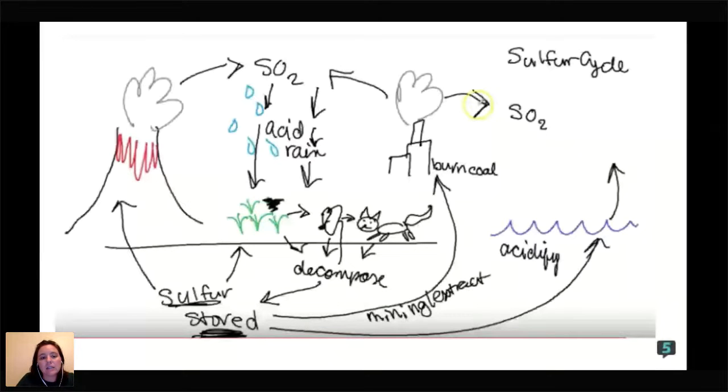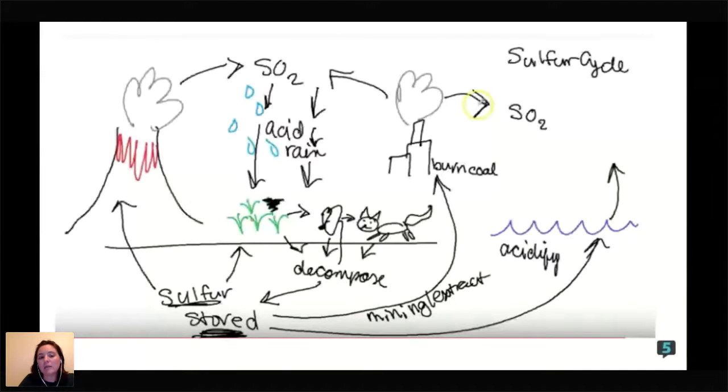Sulfur dioxide interacts with water and creates sulfuric acid and can come down as acid rain. That will then get into the soil and into bodies of water. After sulfur gets into the soil, it's taken up by plants.